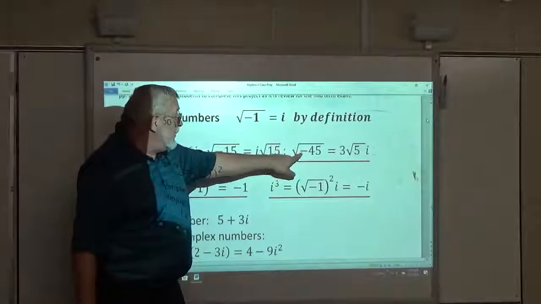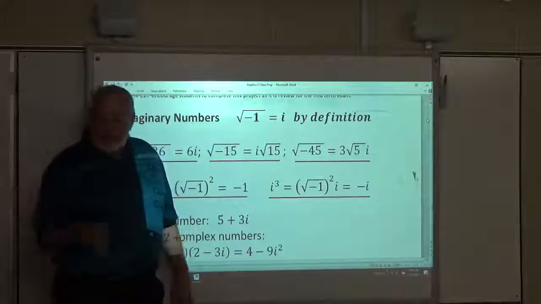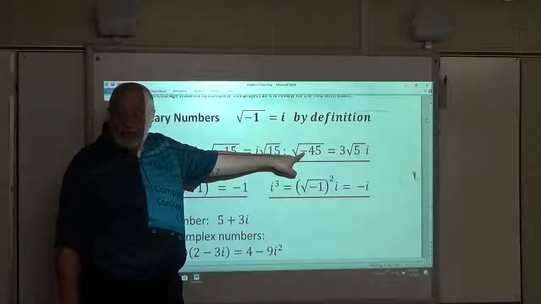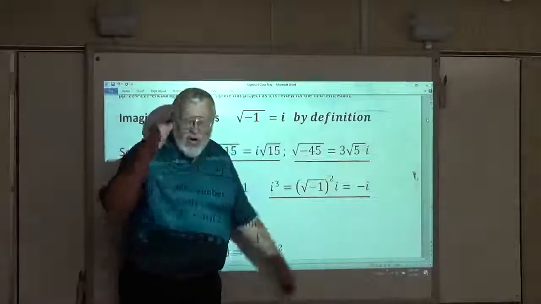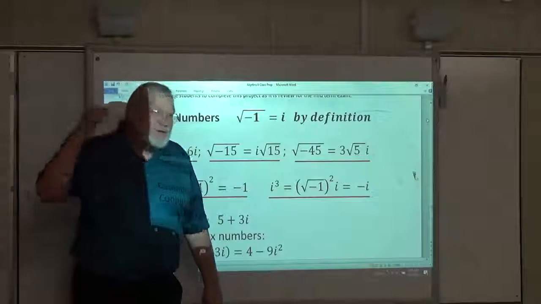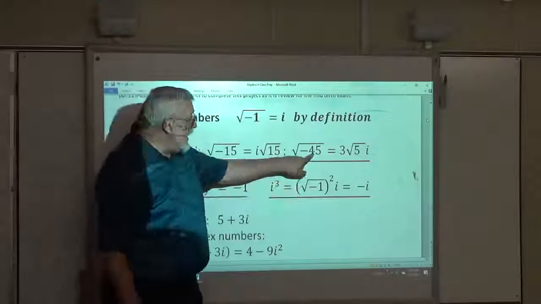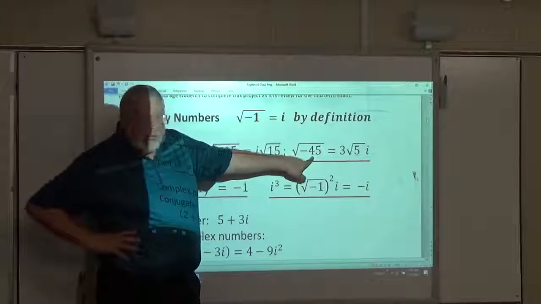Right? So, the square root of -45. Now this one, if you haven't done a lot of square roots, is important to you. What does the negative become? An i. Okay, that part's easy. We could teach a 3rd grader to do that one. Now, the square root of 45 has a perfect square in it.